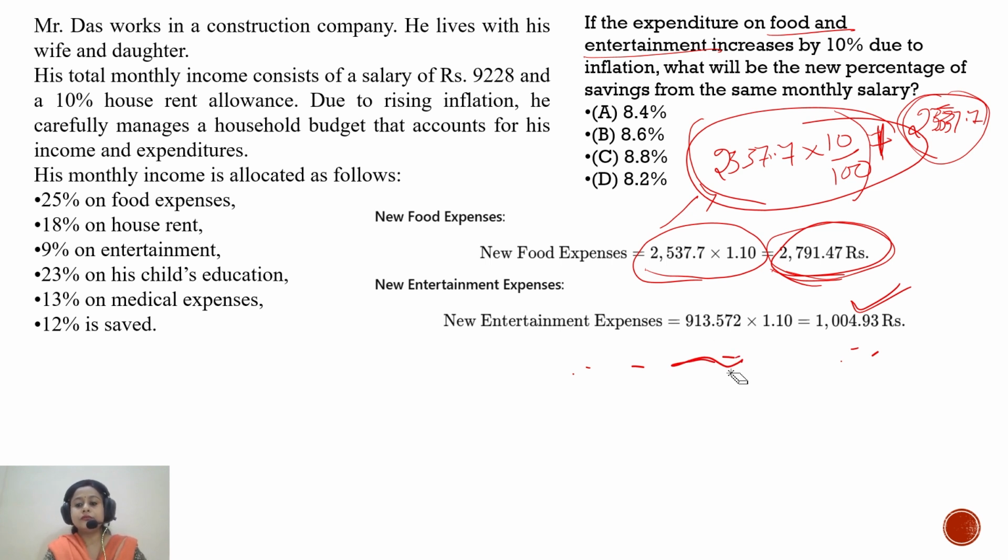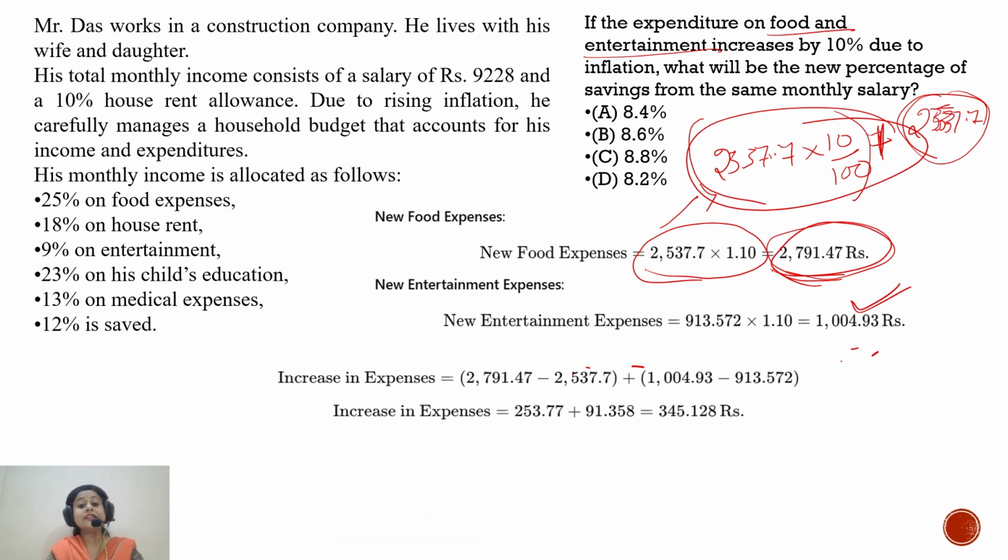Now once you got this increased amount, then you have to find out the increase in total expenditure due to the 10% increase from inflation. So this is the difference for food and this is the difference for entertainment, the increase in food and the increase in entertainment.